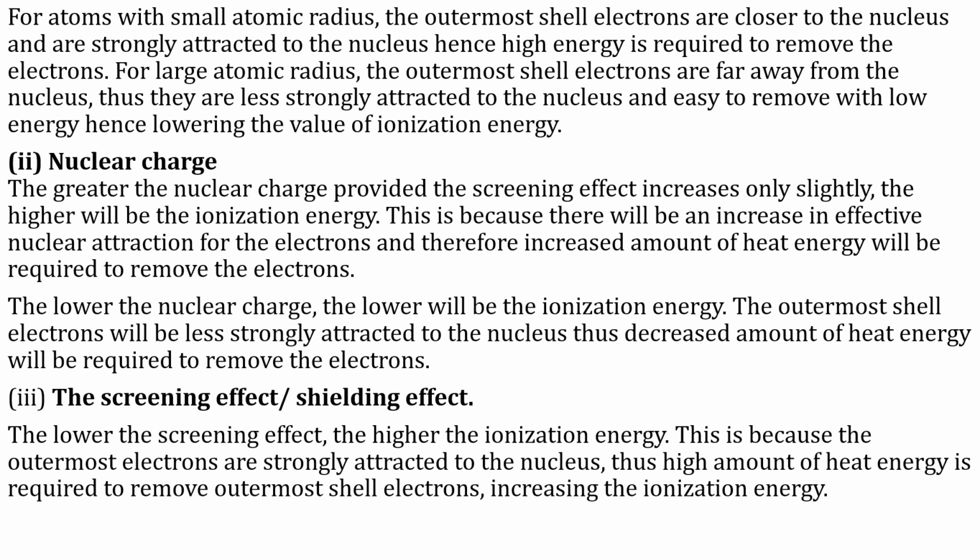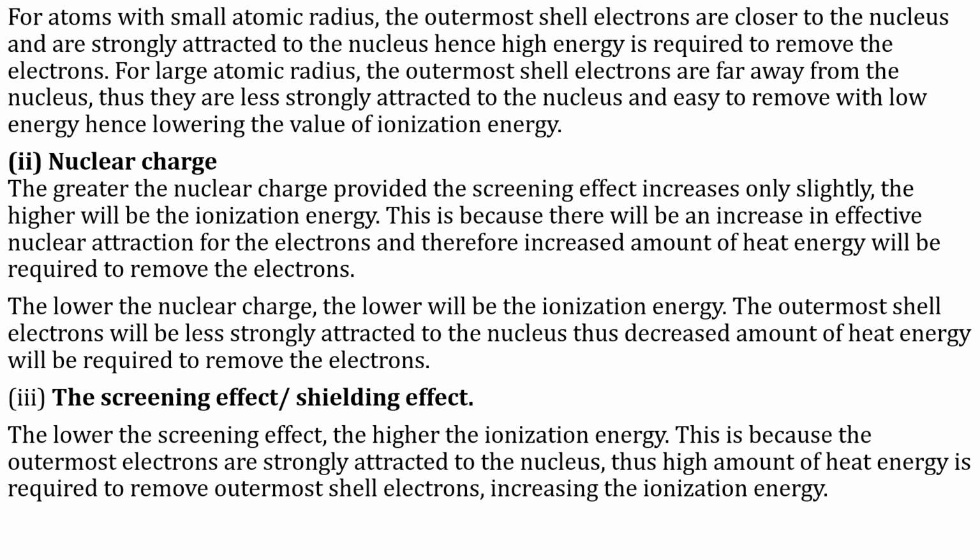Whereas for large atomic radius atoms, outermost shell electrons are going to be far away from the nucleus. That means that they will be experiencing less nuclear attraction. And once the outermost electrons experience less nuclear attraction, the energy required to remove them is going to be low, which correspondingly will lead to a lower ionization energy.